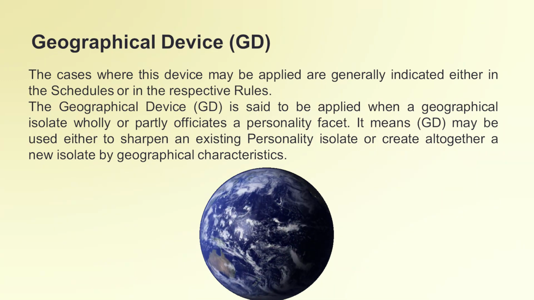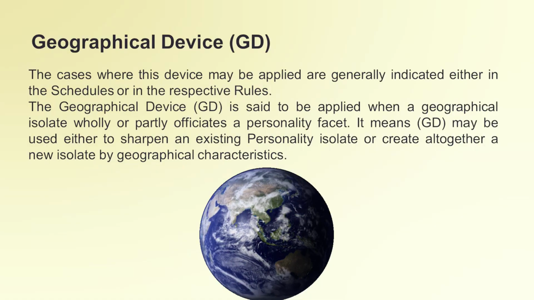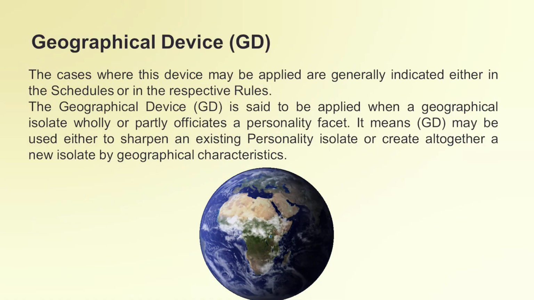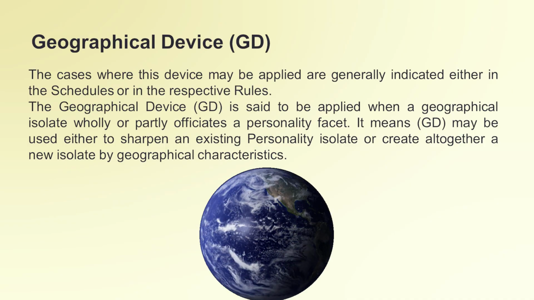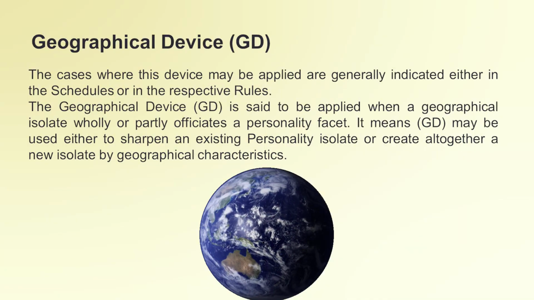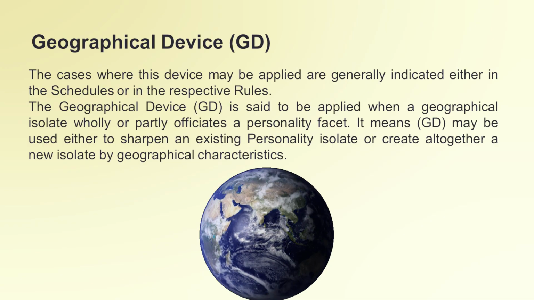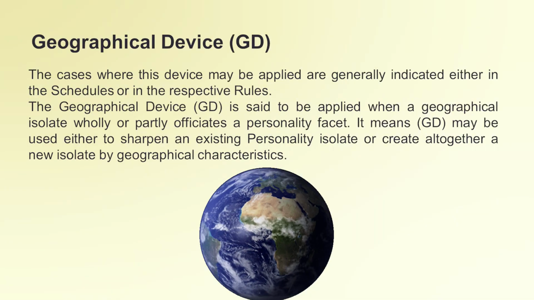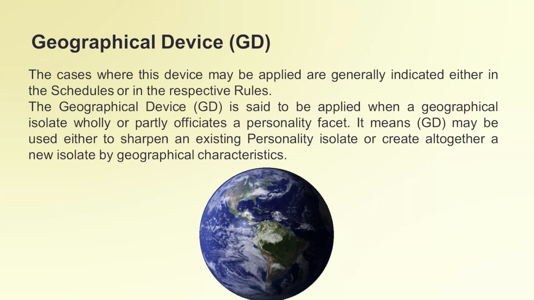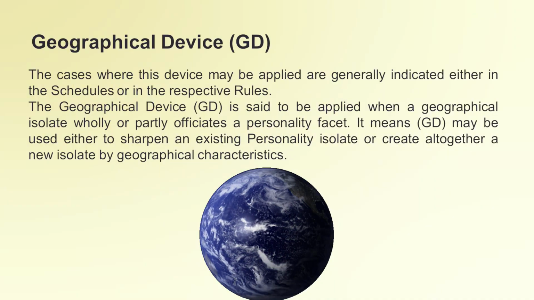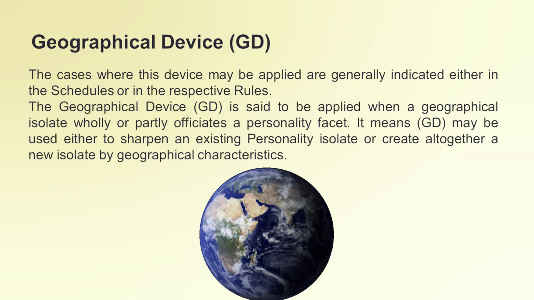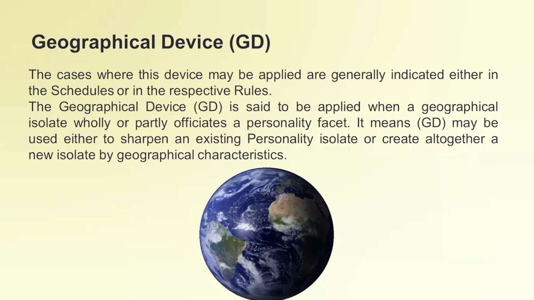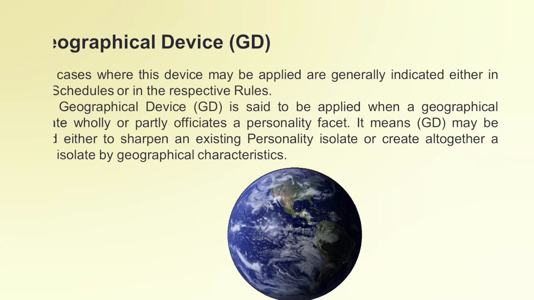The geographical device is said to be applied when a geographical isolate wholly or partially officiates a personality facet. It means geographical device may be used either to sharpen an existing personality isolate or create altogether a new isolate by geographical characteristics.